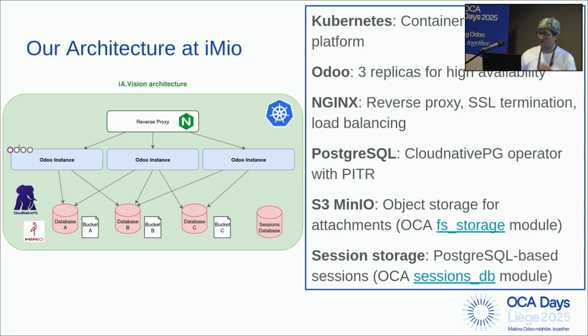For instance, if we lose a Kubernetes node at a certain time, and it already happened, the system recovers quickly without downtime. Most importantly, it scales horizontally. We can simply add more Odoo replicas when usage grows.